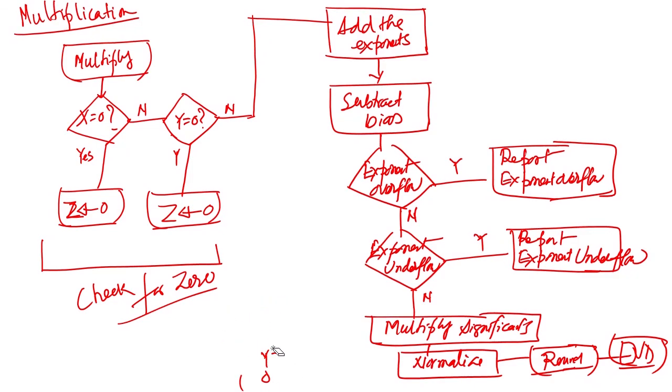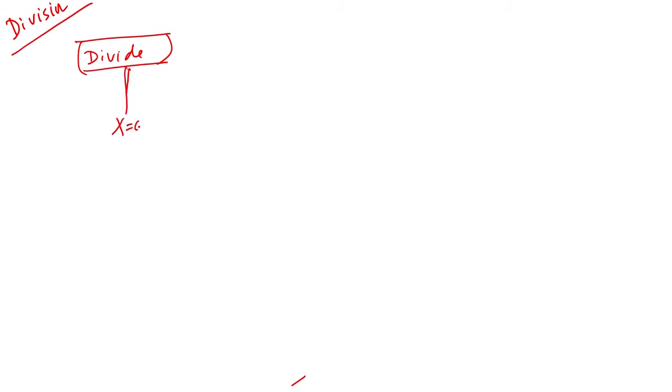So, let me write the flow chart here once more. So, for division, x is 0, then z is 0.